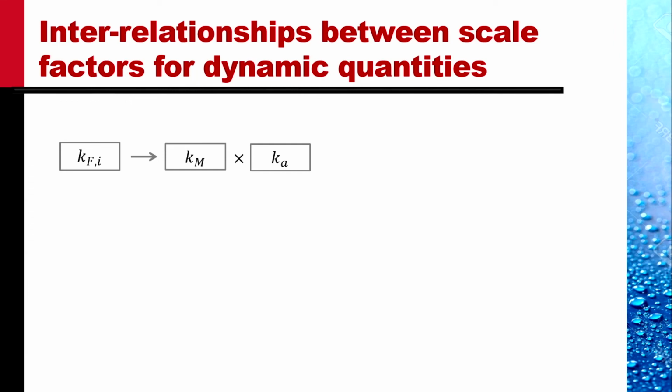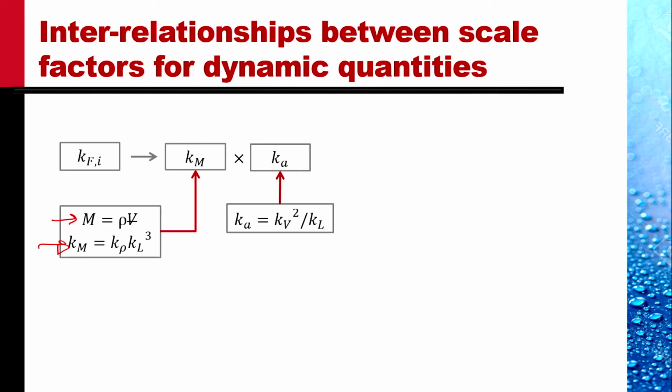Now the scale factor for mass is written from mass equal to density times the volume. So Km is like K rho KL cubed. And Ka, on the other hand, we obtained earlier is like Kv squared by Kl. And this gives a relation Kfi is equal to K rho Kv squared Kl squared.